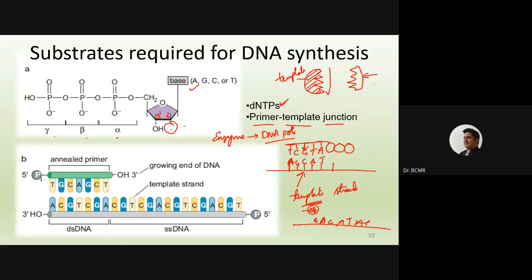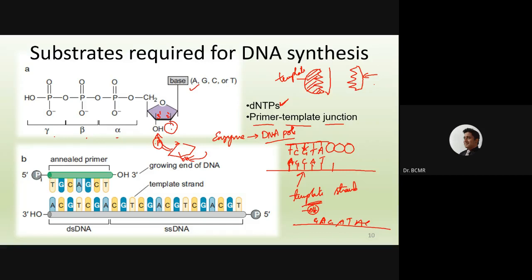DNA polymerase can only add more bases to this 3' OH. And there will be a phosphodiester bond formation, and you have a new 3' OH. So DNA polymerase can only add bases to 3' OH. It cannot initiate replication by itself.